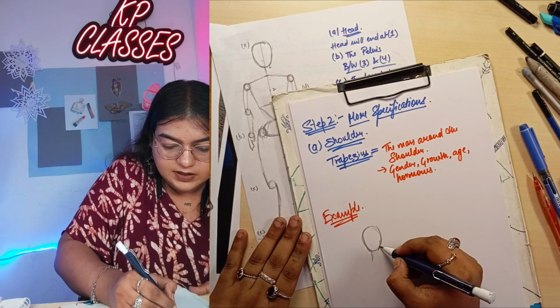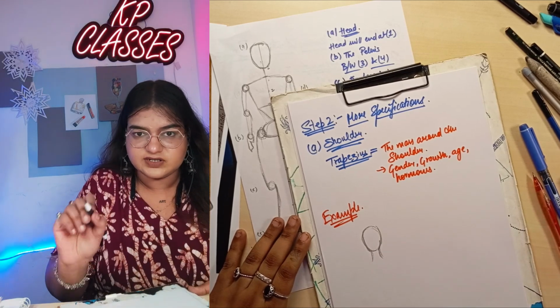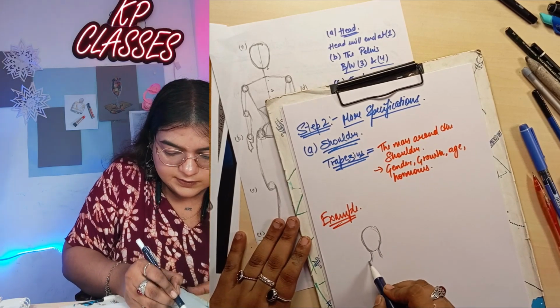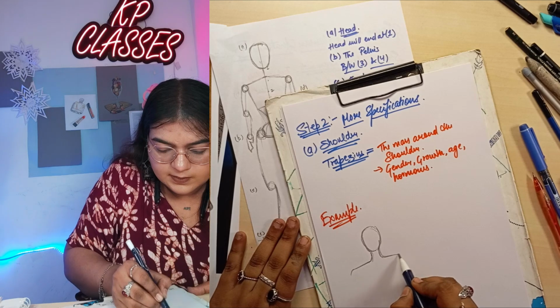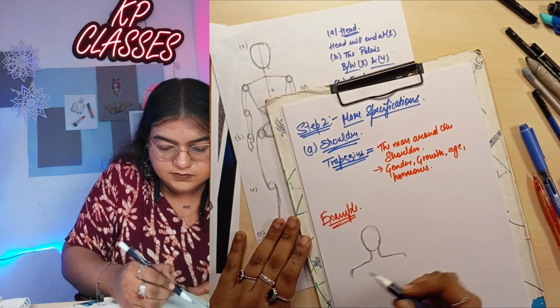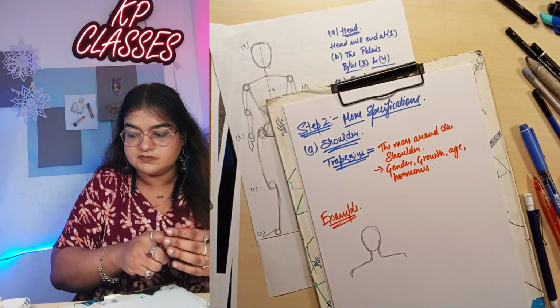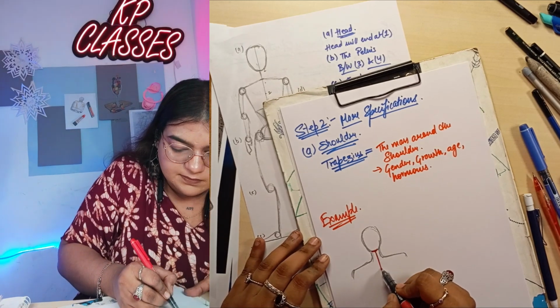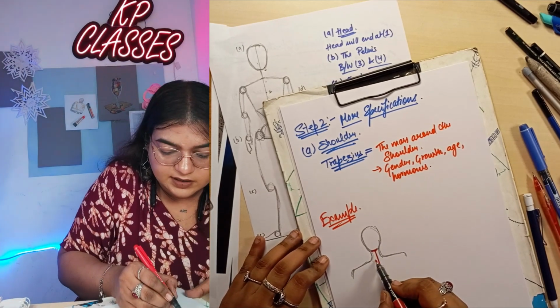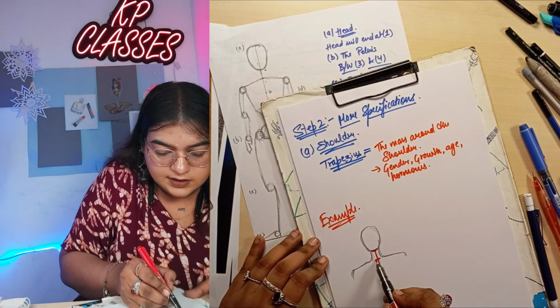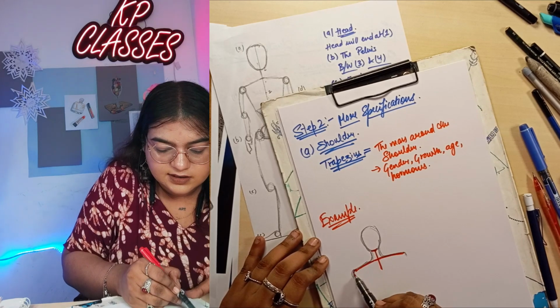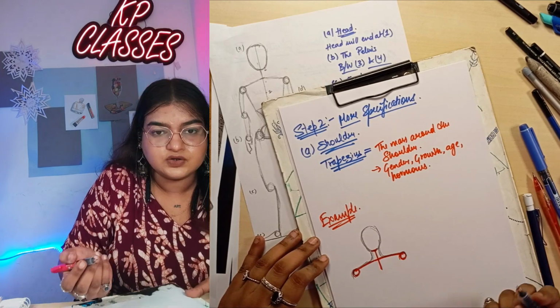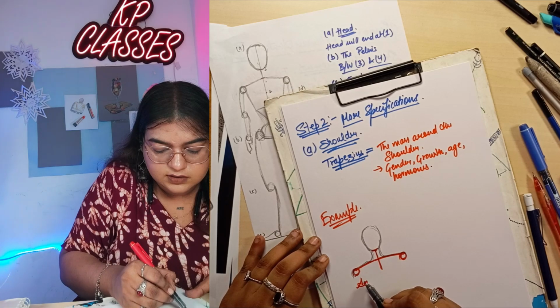So right now we are making an average trapezius. So this is like a human body. So basically your shoulder line will be the end of your neckline, slanting a little, and two of your shoulder joints.